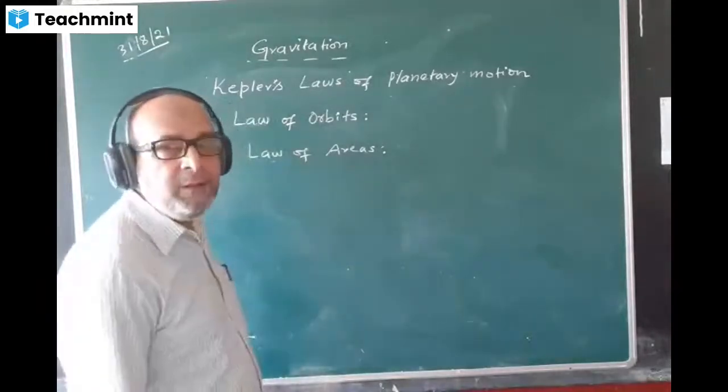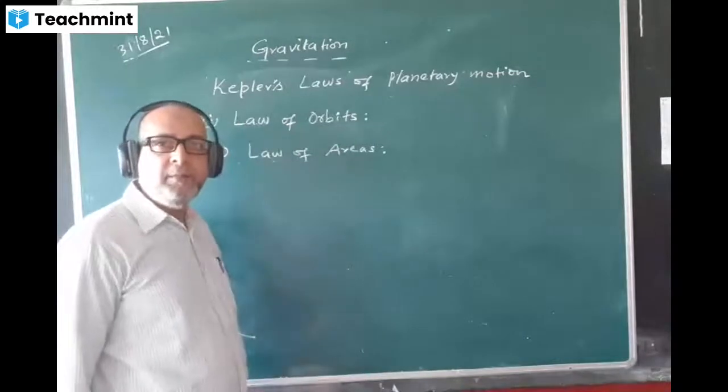Line joining the planets to the sun sweeps out equal area in equal time. That is law number two.